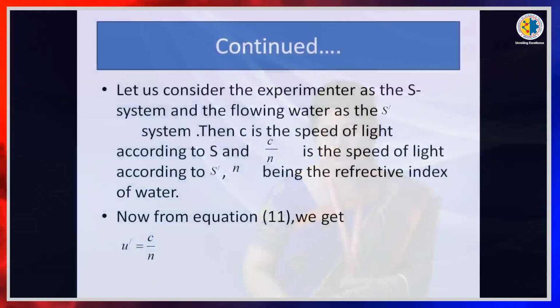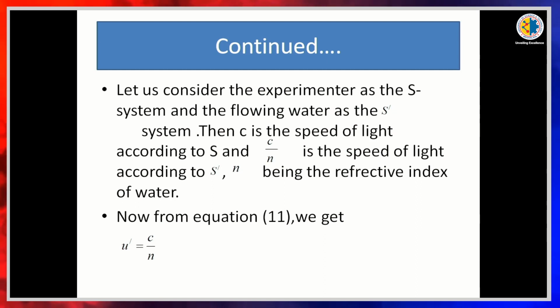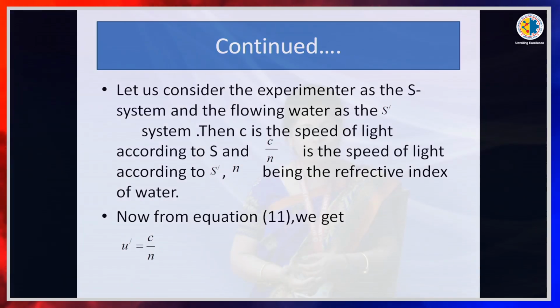Here we consider the S frame as the experimenter who is performing the experiment, and the flowing water is considered as the S dash system. Then C is the speed of light according to S and C by N is the speed of light according to S dash, where N is the refractive index of water.